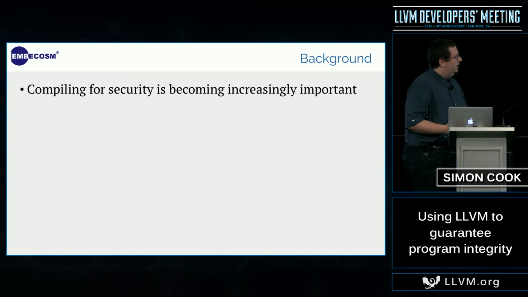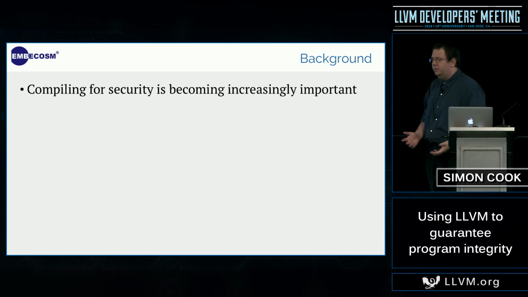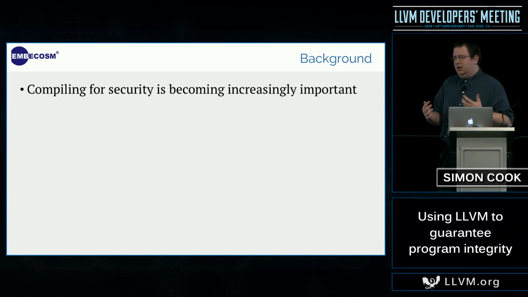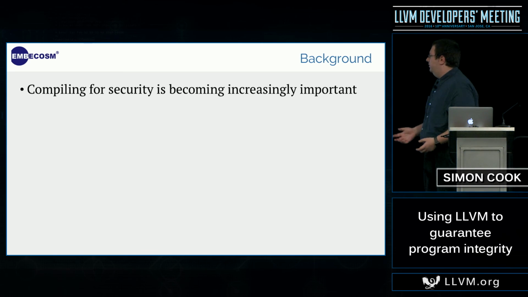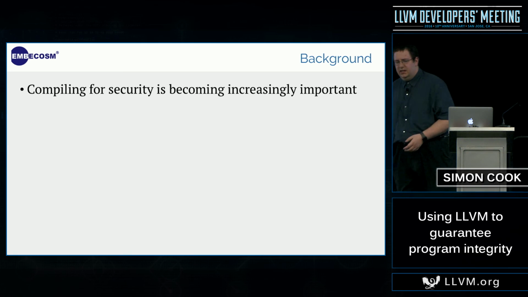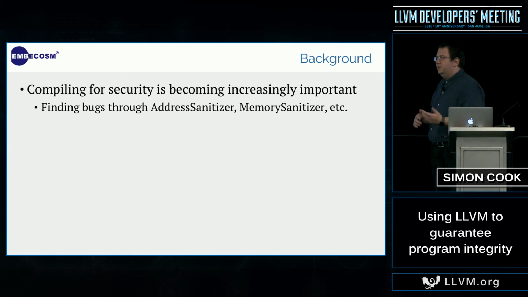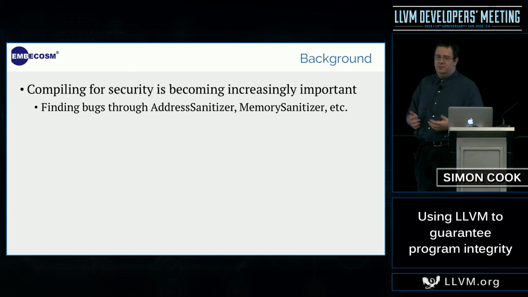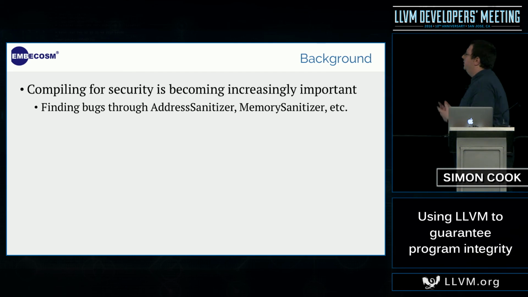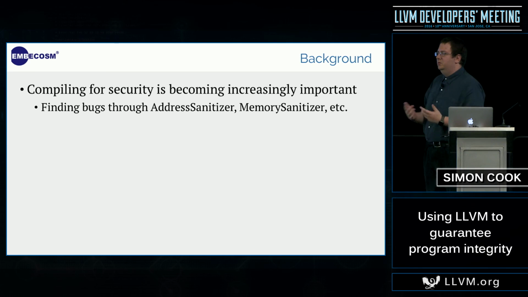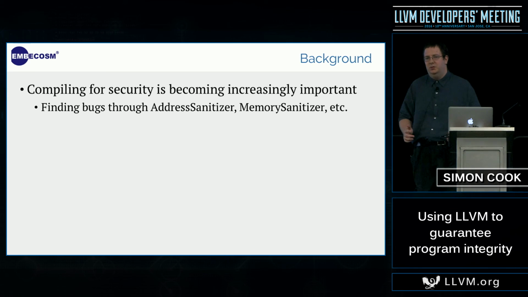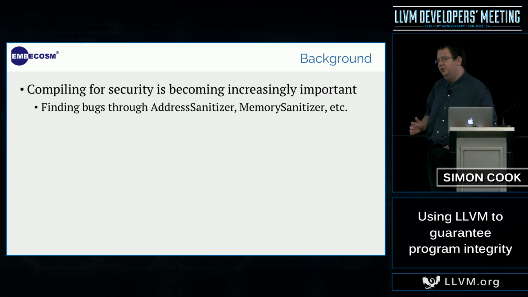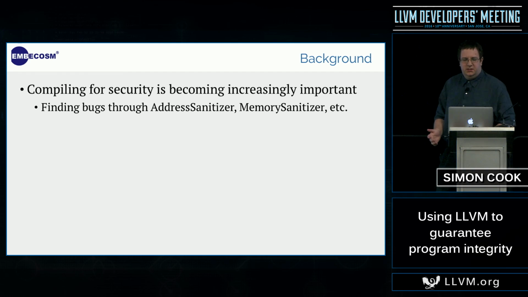And the way compilers can help you is generally in one of two forms. The first is finding bugs through things like address sanitizer, memory sanitizer. You turn on specific compiler flags, and it bakes in new functionality. And if you're doing something that you shouldn't, your program will stop and scream at you and tell you, you have a bug, I'm not going to let you continue. Please stop now.